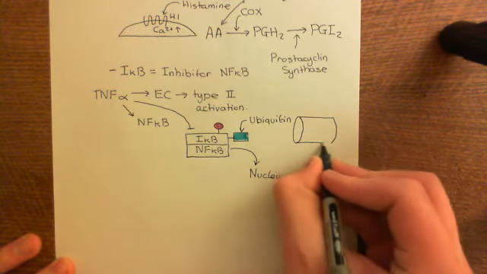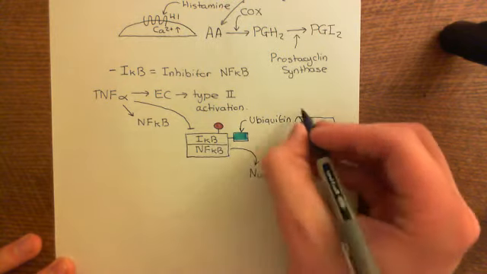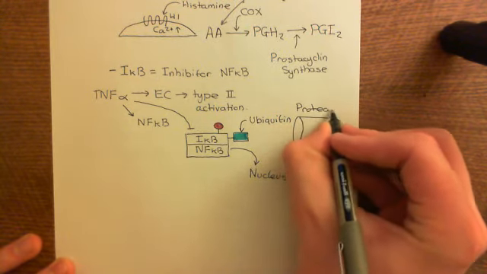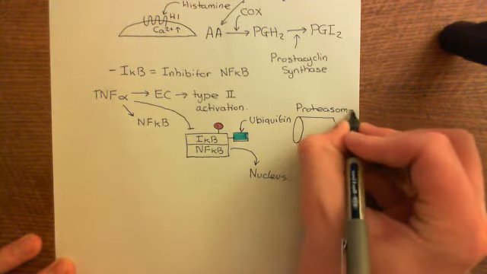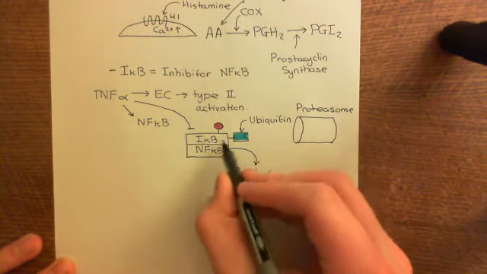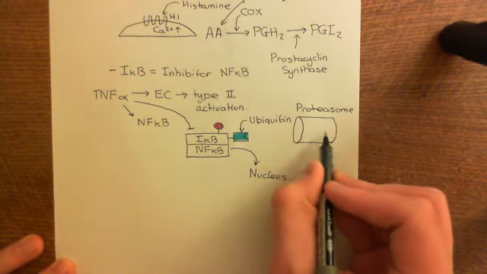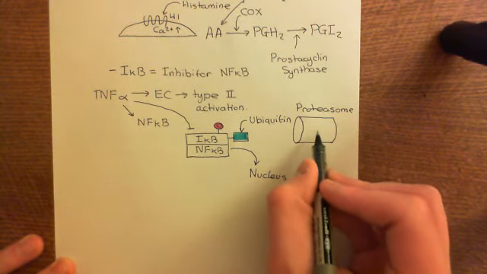So what happens is the whole complex of the inhibitor of NF-kappa B and the NF-kappa B transcription factor itself are going to go over to this proteasome. And what's going to happen is the inhibitor of NF-kappa B protein will gradually be fed through the proteasome and chopped into fragments.